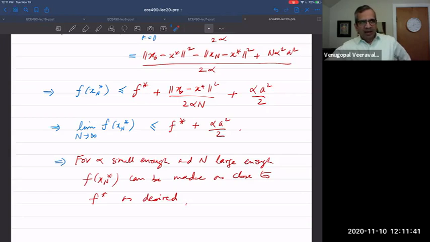But when I start to decrease the step size as k becomes large, the convergence will also get slower. So I have to be careful about how I choose that step size. We'll talk about what are some rates at which you can make the step size go to 0 so that you have reasonable convergence rate for your function.